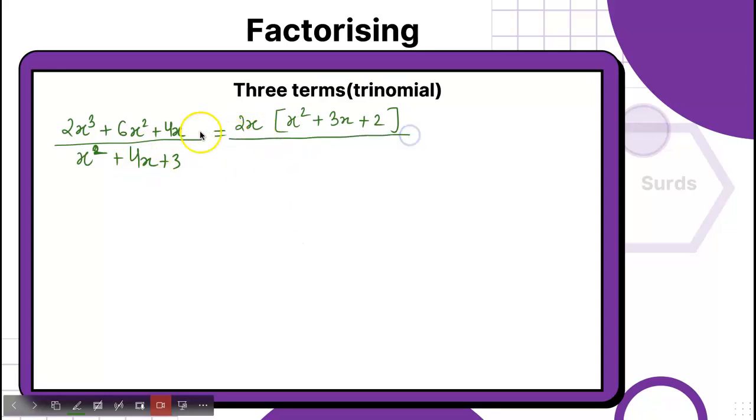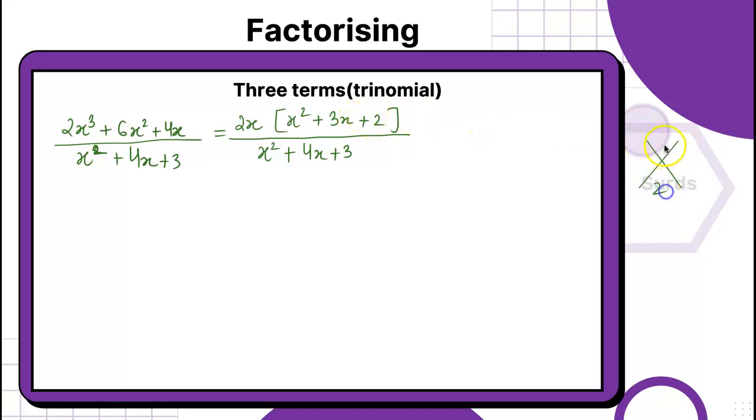After this I will discuss some mistakes you should avoid doing. 4x plus 3. So the top one multiplies to give you 2 and adds to give you 3. It's 2 and 1 only. So we can write 2x outside the bracket, x plus 2, x plus 1. Okay, bottom.